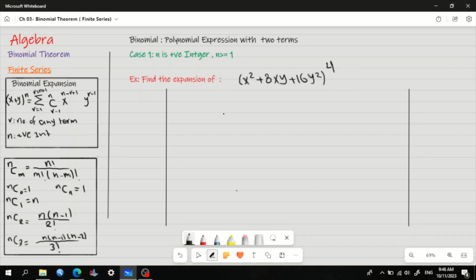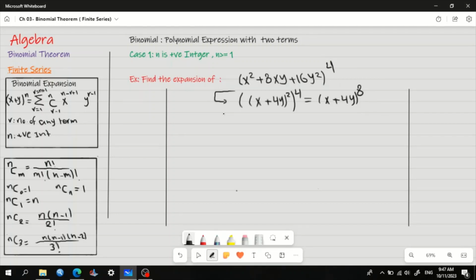Okay, this is slightly different from the last example. Here, if we notice that we can just transform this bracket into x plus 4y, squared, and all this bracket is to the power 4. So here we just have x plus 4y to the power 8.